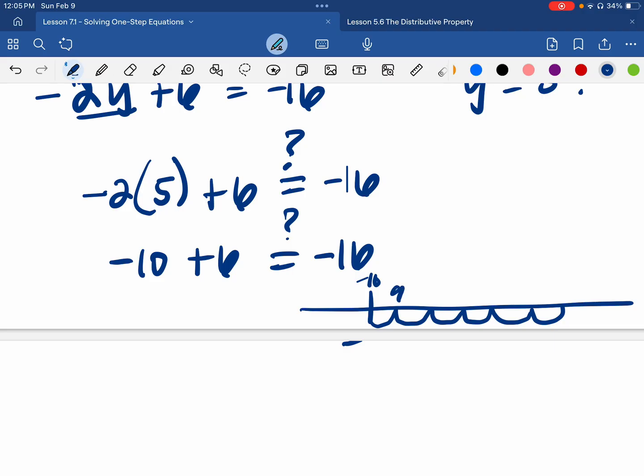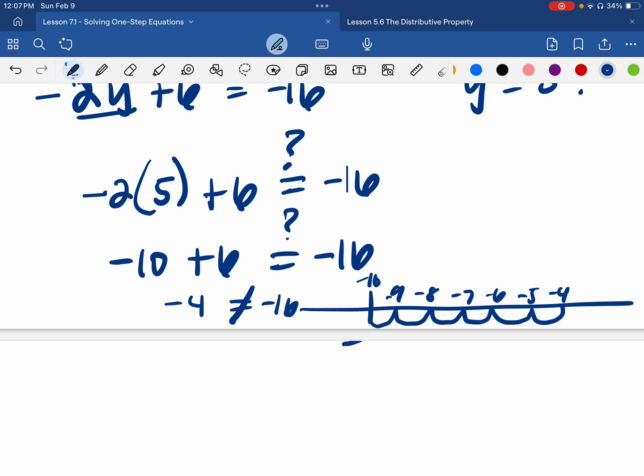This would be negative 9, negative 8, negative 7, negative 6, negative 5, negative 4. So in this case, negative 4 does not equal negative 16. That's how you say this answer is not the solution. Negative 4 does not equal negative 16, and in that case, 5 is not the correct answer to this equation.